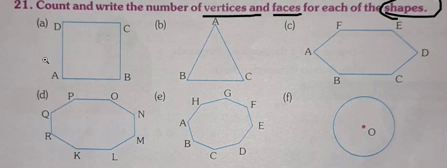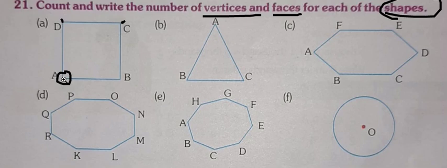Now, vertices. How many vertices are there actually? There are 1, 2, 3 and 4. So these are the vertices.